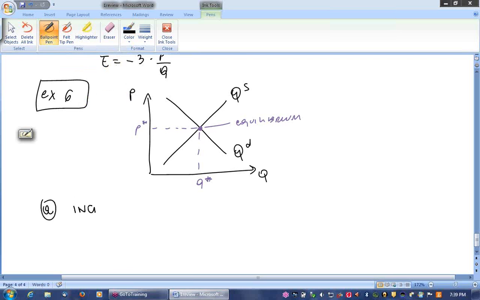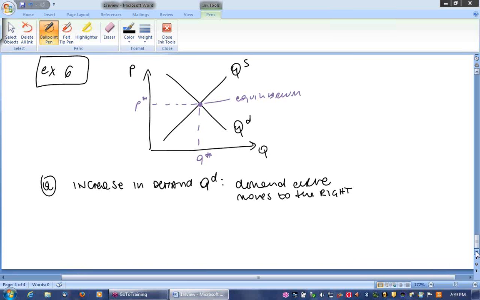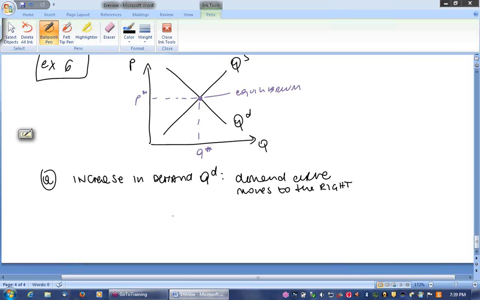So an increase in demand means that the demand curve moves to the right. On a graph, we have our initial demand and supply curve, and now we have a move to the right of the demand curve.